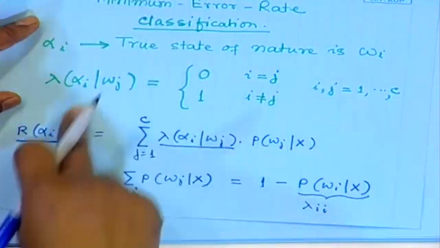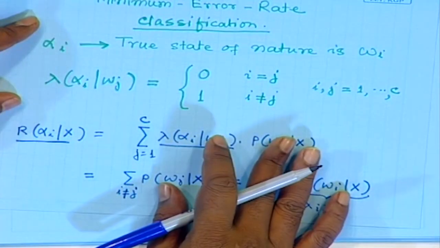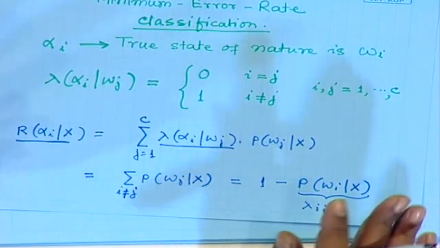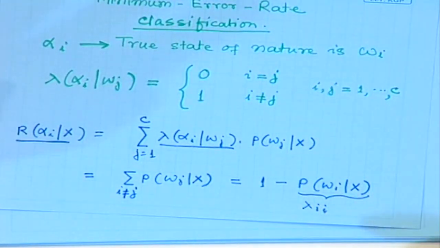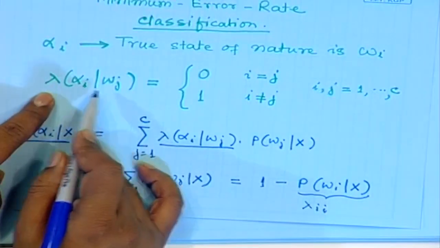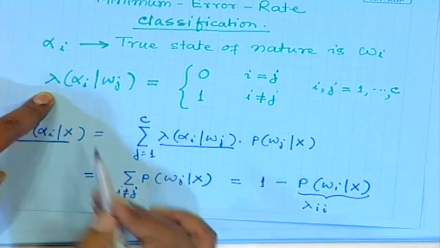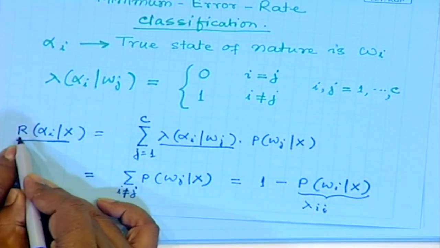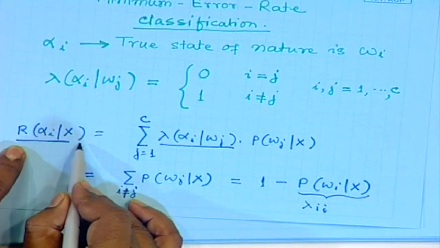And you find that I have to compute a number of functions, which is equal to the number of classes, or the number of actions that I have in my classifier. So many functions are to be computed. For every action alpha i in my classifier, I have to compute this R of alpha i given x.